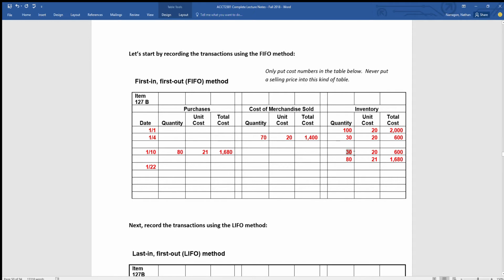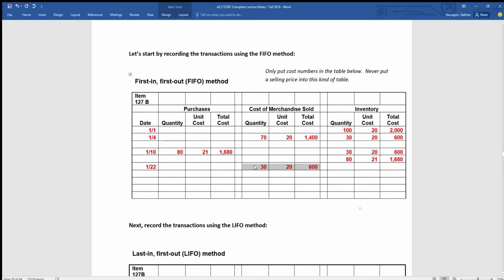Well, first is 30. That doesn't make it to 40, unfortunately, but we know at least we can take the full amount of the 30. So 30 at the cost of 20.